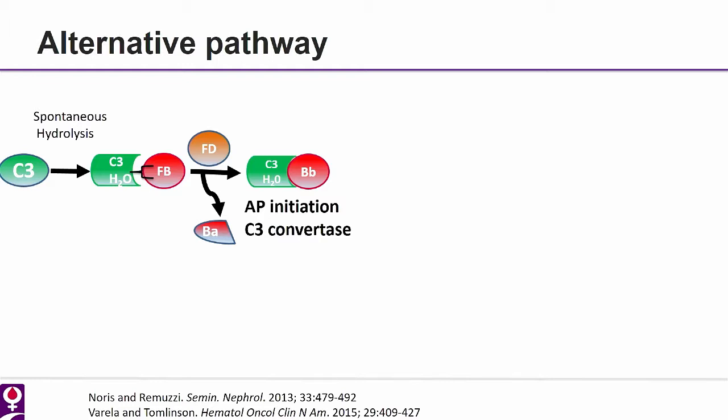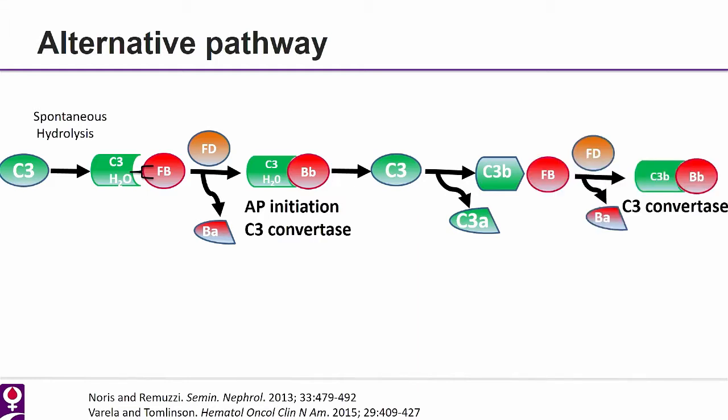Now this initiation C3 convertase can act on C3, which cleaves C3 into C3b and C3a, and then C3b again binds to factor B and makes the C3 convertase. The complement regulatory protein factor P, also called properdin, binds to this C3 convertase and stabilizes it.